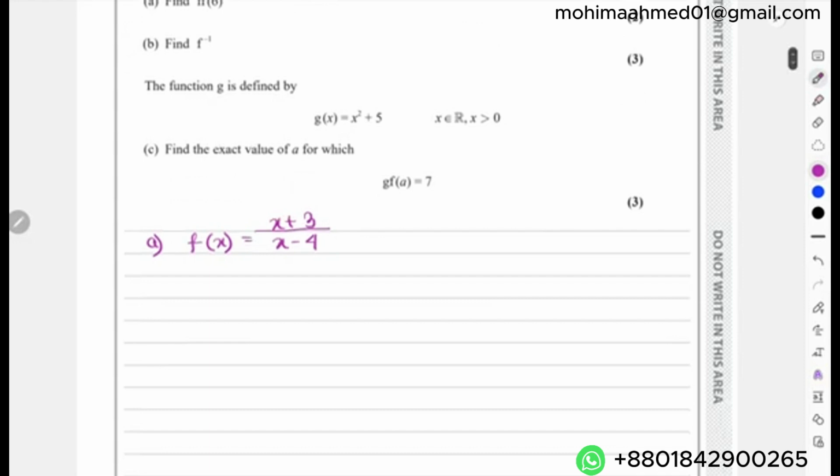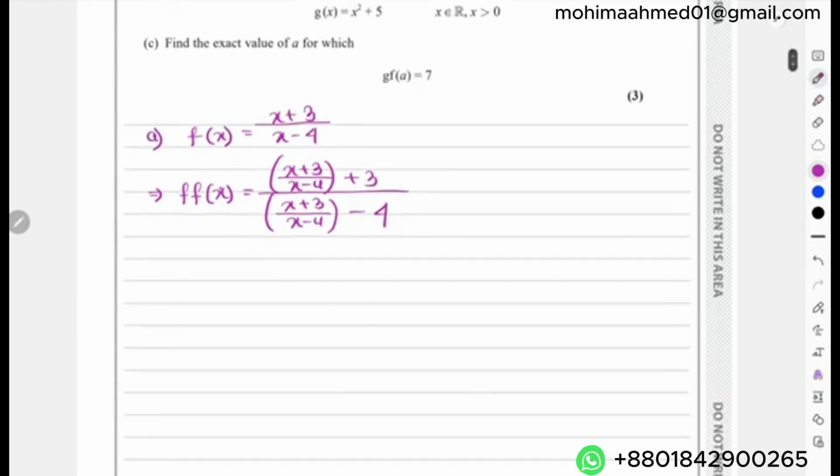Now ff of x means that we need to input this f of x into f of x again. So that will be x plus 3 over x minus 4, this is added with 3, and then again this x plus 3 over x minus 4, and then again minus 4.